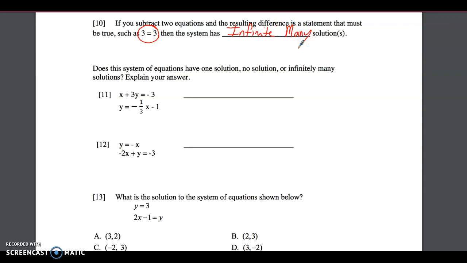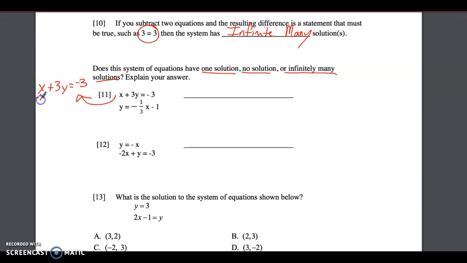Okay. Looking at the next piece. Do the equations have one solution, no solution, or infinitely many solutions? Looking at number 11, we rearrange this first equation, because the second one's already in slope-intercept form, but we need to get this one there. x plus 3y equals negative 3.